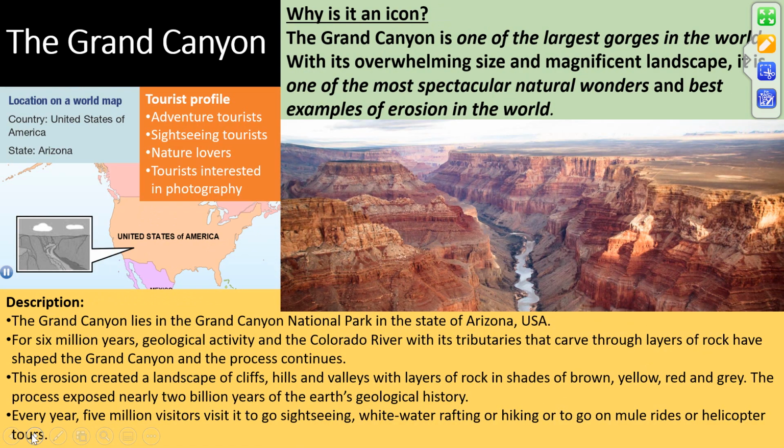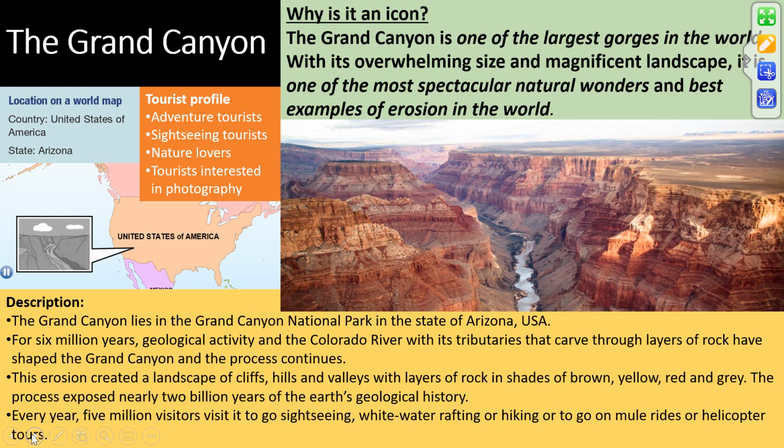The next icon is also located in the United States and is called the Grand Canyon. The Grand Canyon is located in the state of Arizona, and you will see if you look at the map that it is in the southwestern part of the United States of America.